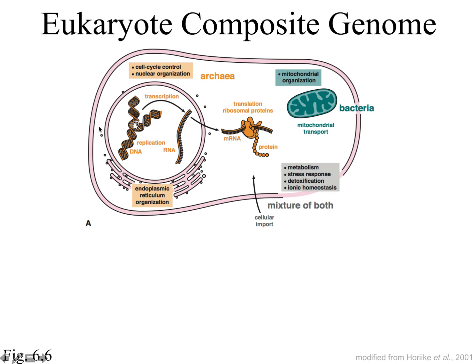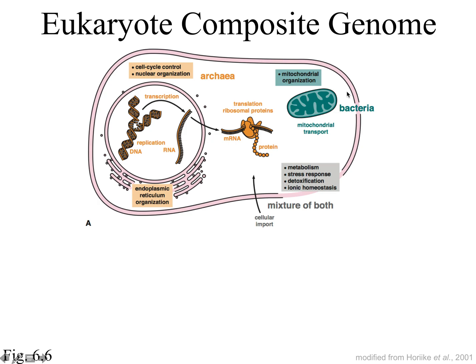There's an organelle called the endoplasmic reticulum that makes a lot of protein. These little dots on here are ribosomes, on that. That looks more like archaeans. How the DNA is organized looks more archaean, and how translation happens looks more archaean.